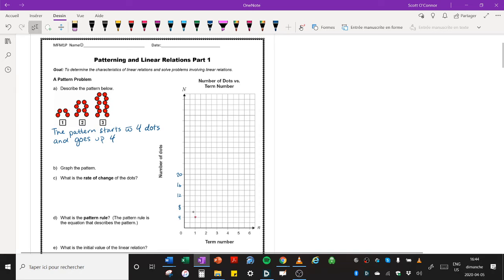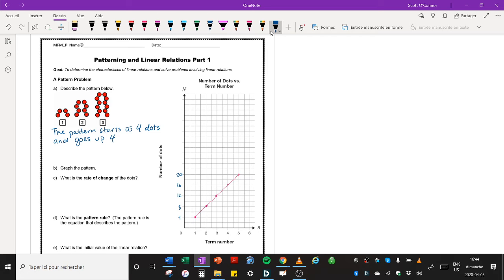Term number 1 has 4 dots, and then number 2, which has 8 dots, and number 3, which has 12 dots. And you could predict the next ones are going to be here and here as well. I'm going to draw a line through them. Okay, so I graphed the pattern.